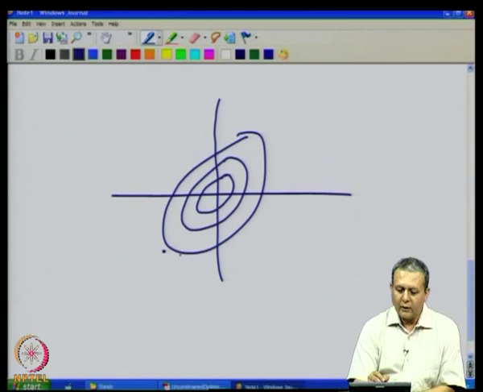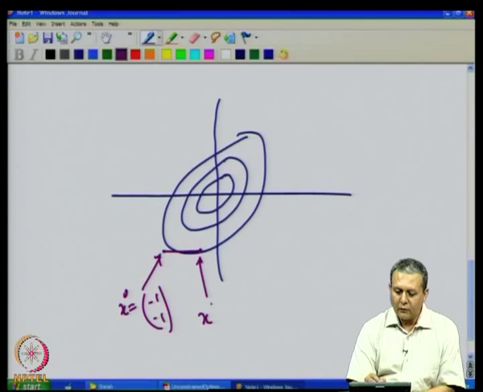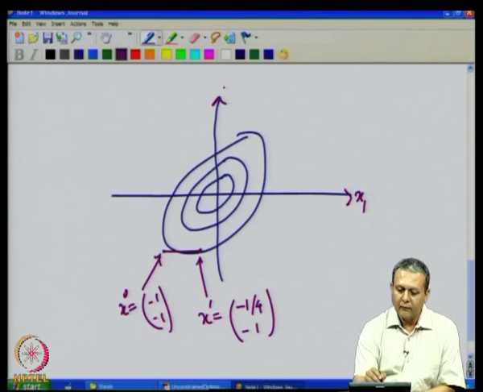If we start from x0, which was (1, minus 1), we initially went to x1, which was (minus 1 by 4, minus 1), and then if we use the other coordinate direction, these are the coordinates.